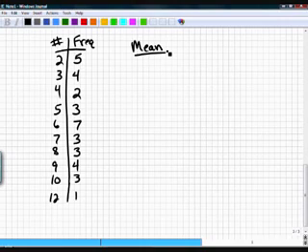Instead of having to do all those numbers added up, here's how I would do it. There's 5 2s, correct? Those 5 2s will be 10, plus there's 4 3s.